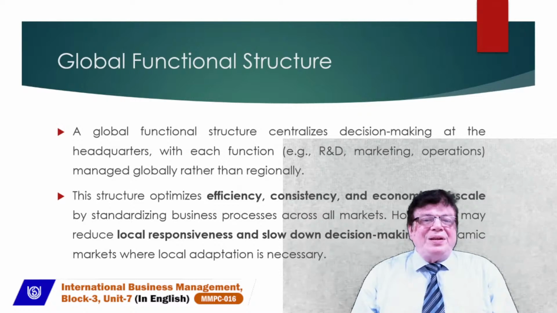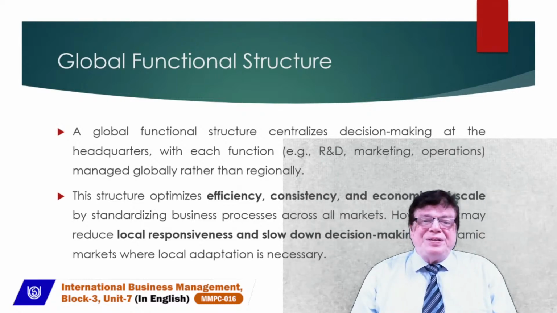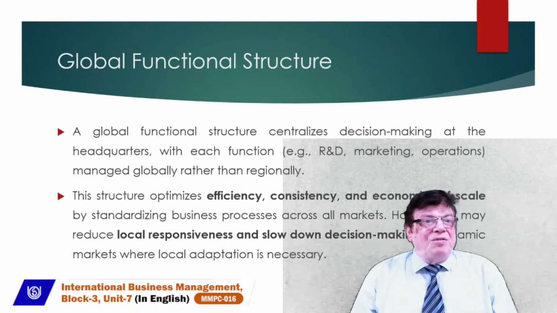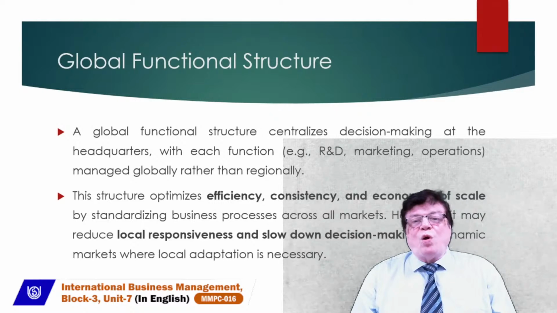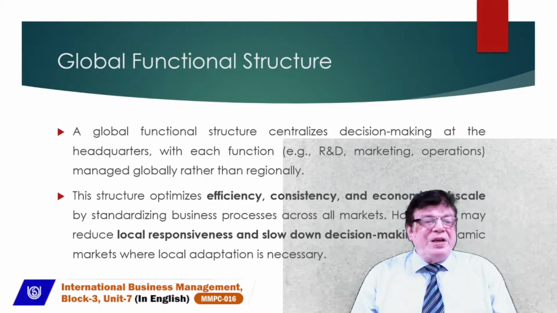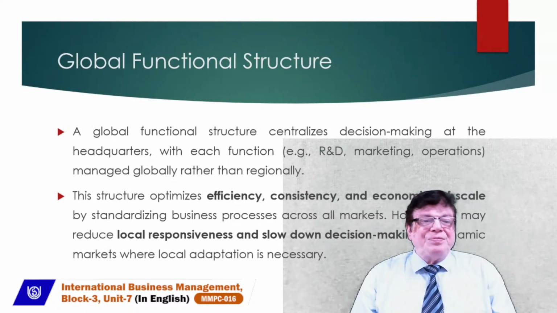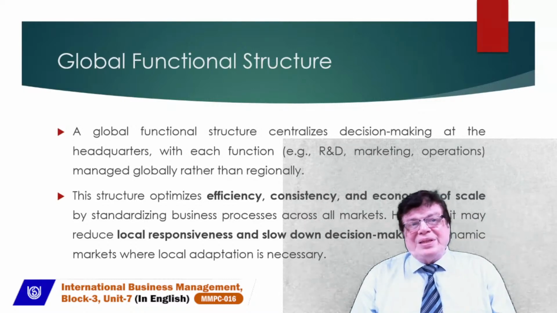This structure optimizes efficiency, consistency, and economies of scale by standardizing business processes across all markets. However, it may reduce local responsiveness and slow down decision making in dynamic markets where local adaptation is necessary.